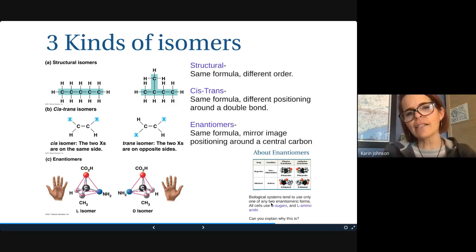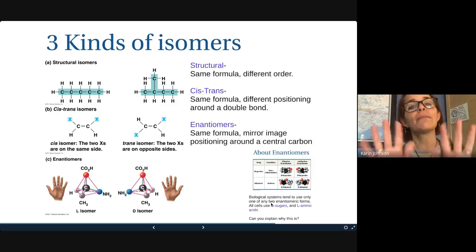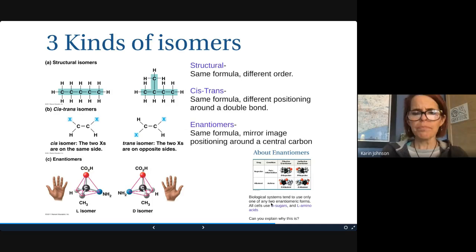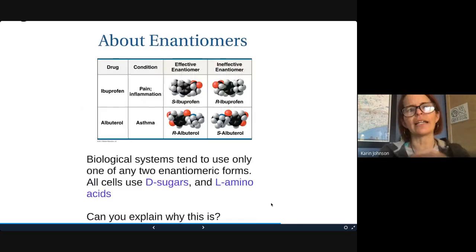And then the last type of isomer is called, and I always have trouble saying it, an enantiomer. Enantiomers are mirror images of each other. So my hands are mirror images of each other. What's super interesting about enantiomers is that there are different varieties of lots of molecules on our planet.